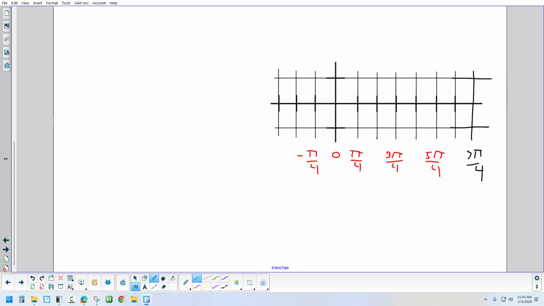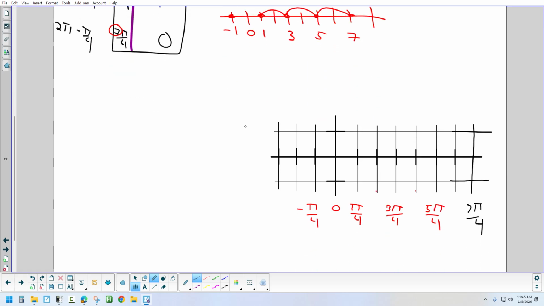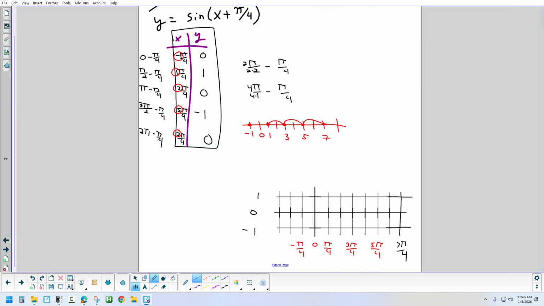Okay, so any question on why I skipped there? If it gets confusing, just think of it without the pi over 4. -1, 0, 1. That's a 3, not a 2. So it skips 2. Okay, and the highest, lowest, and there's your graph.